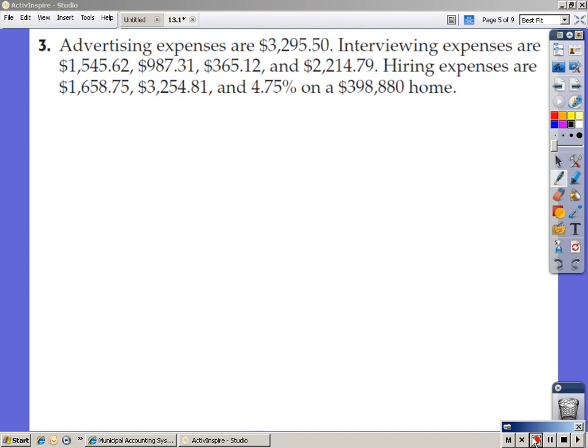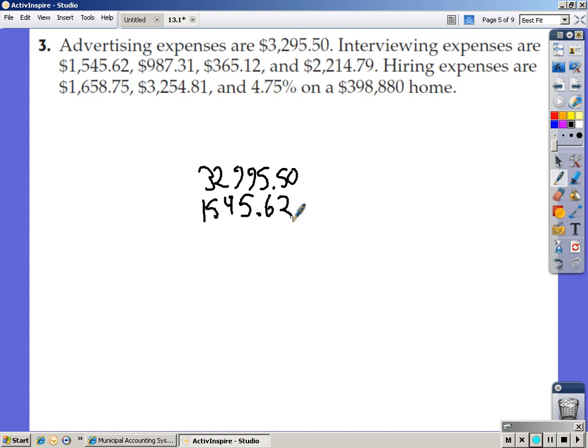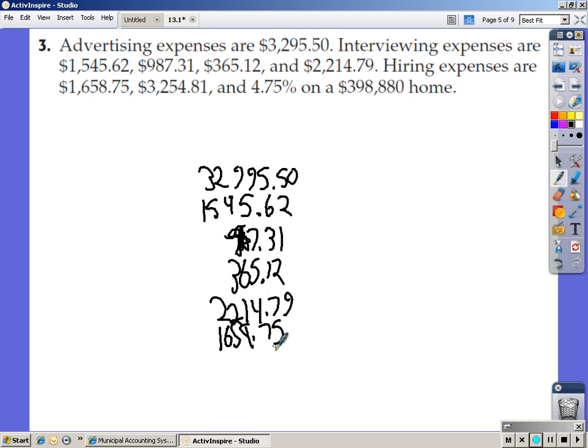So we had $3,295, $1,554, 25, $987, 2,214, 58, 75, 3,154, 81.